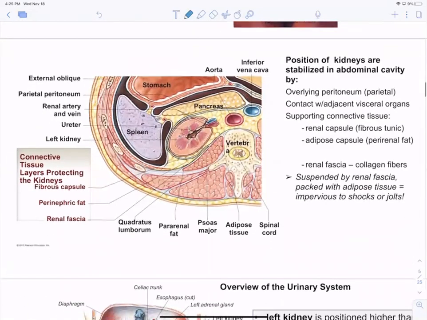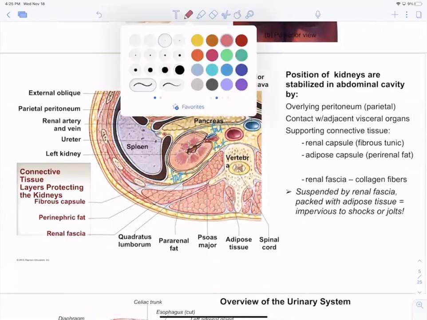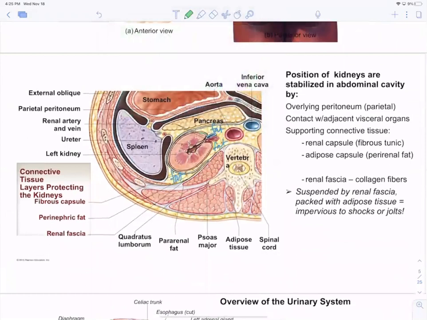The position of the kidneys: they are retroperitoneal, so they're behind the peritoneal membrane, and there's a lot of fat packed in around the kidney to protect it. We then have this fibrous capsule here that really stabilizes where the kidney is located.